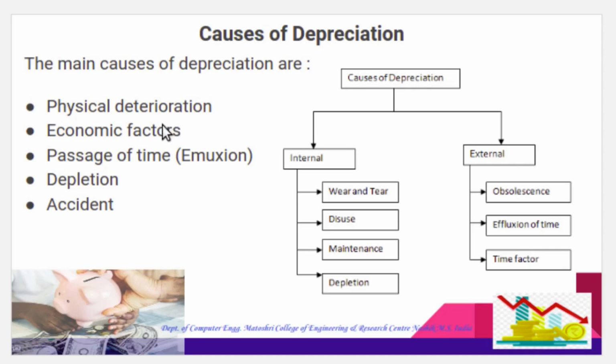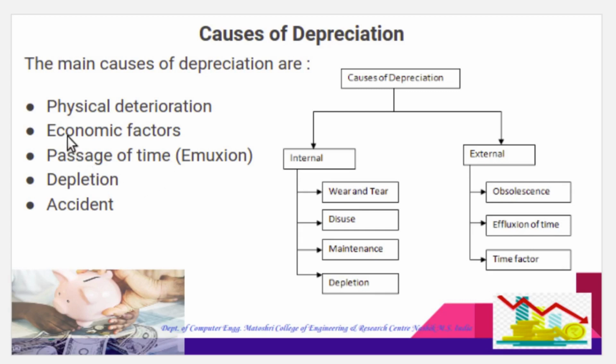Physical deterioration is caused by normal wear and tear resulting from use, or one can say rust or erosion arising from exposure to wind, rain, sun and other climatic factors. Then another reason is careless handling of the asset when it is used or operated.